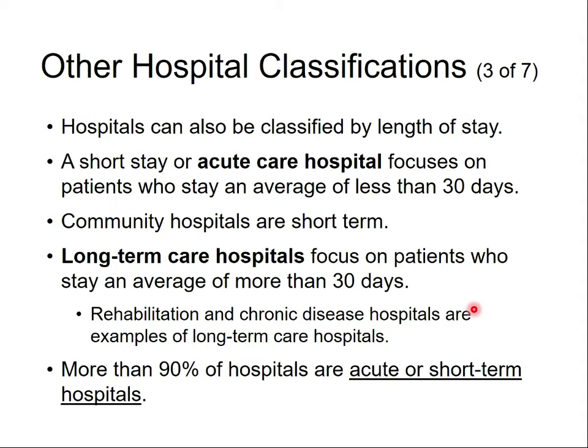Examples include rehabilitation centers, treating patients with chronic diseases, and treating even patients who have a long period of recovery. So these hospitals are geared towards catering those patients. A majority of the hospitals would fall under the acute or short-term hospitals.